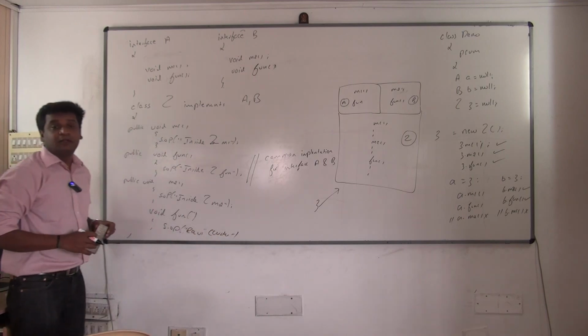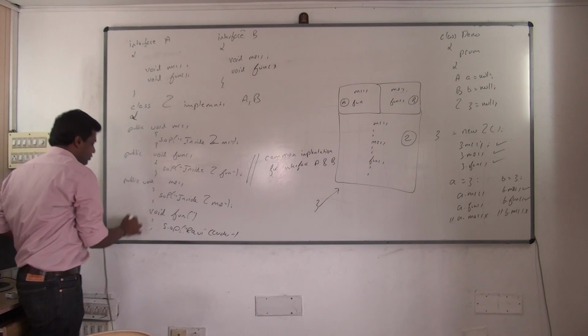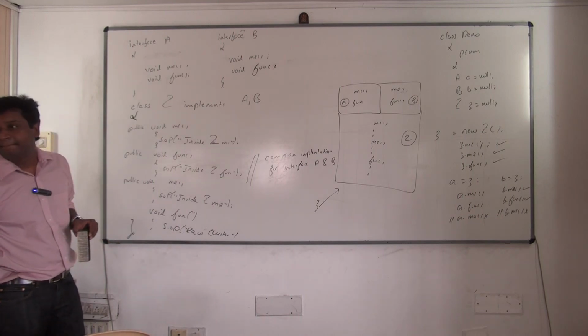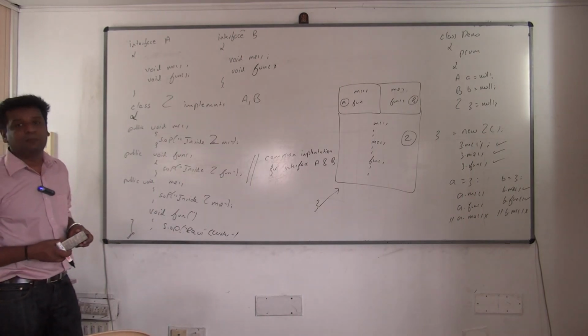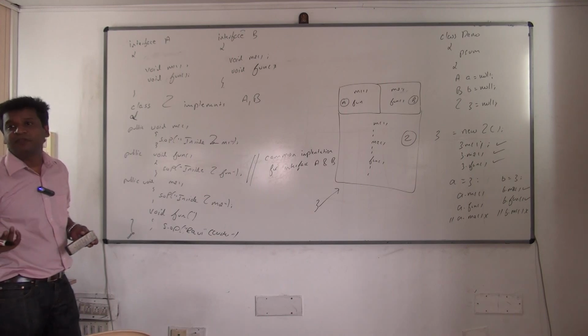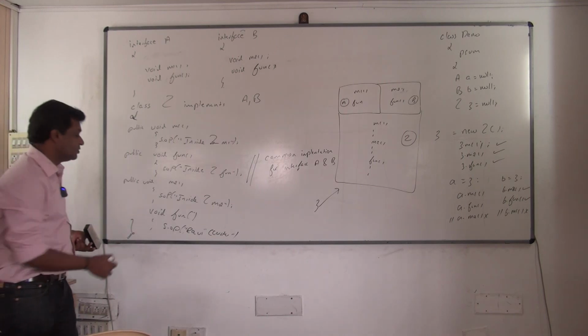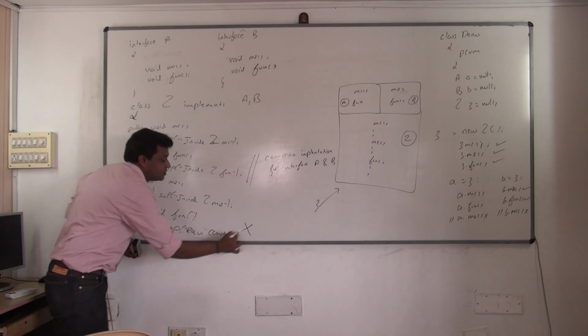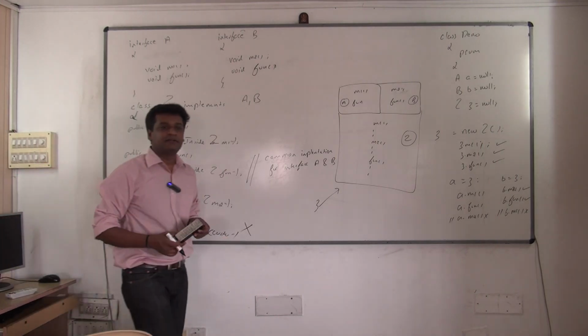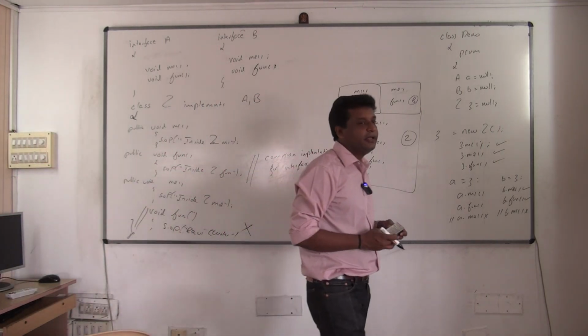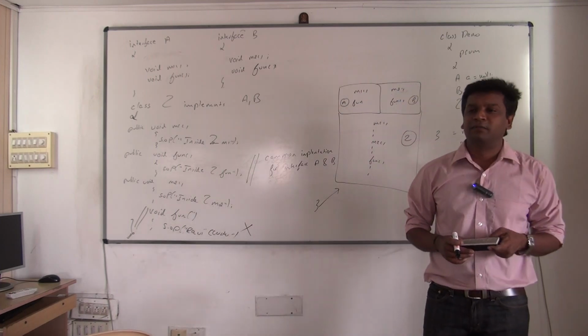Correct now? But in the same scope, can two methods have same name? No. Very simple. Scope. So you cannot have two methods with everything same in the same scope. So that is why it gives you error. It will always give an error. If you try to do it also, it will give you error. So this is what is meant by common implementation.